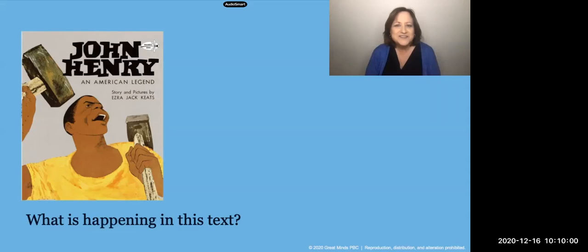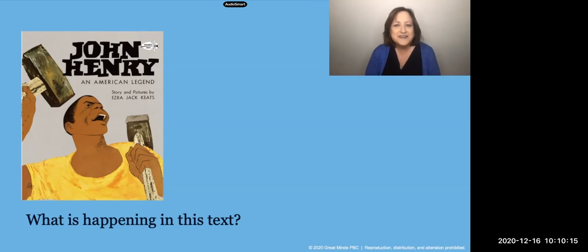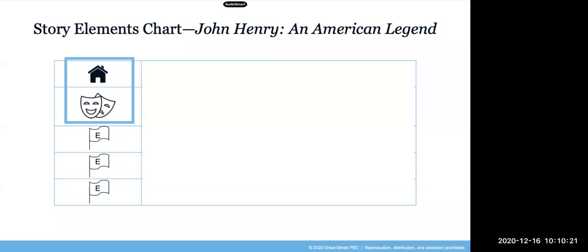Read this question to yourself, and then we'll read it together. What is happening in this text? Two of these icons or pictures probably look very familiar to you.